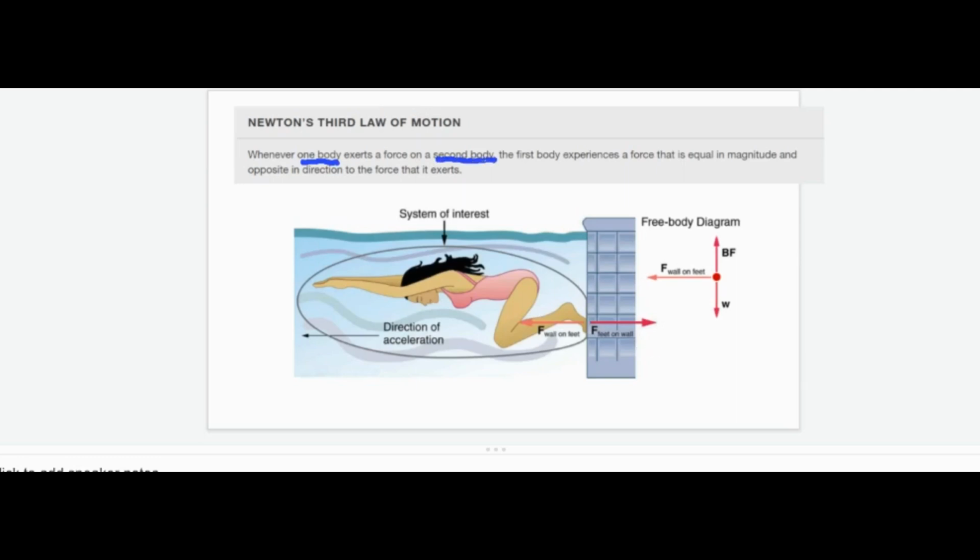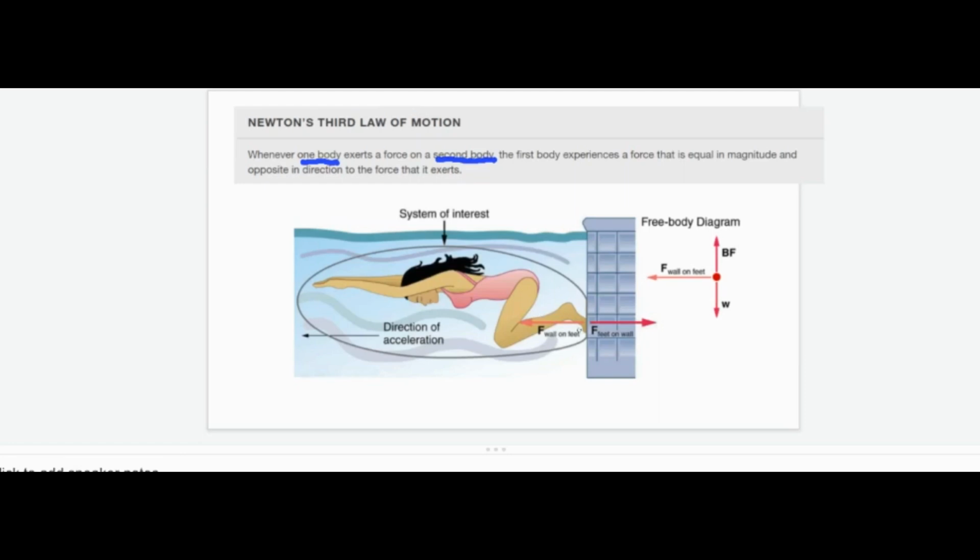Here in your OpenStax book, it talks about a swimmer and the system of interest. The system of interest in this situation is the swimmer. The direction of acceleration is forward, so it's going to the left. In order for me to propel forward, I have to kick my feet against the wall.